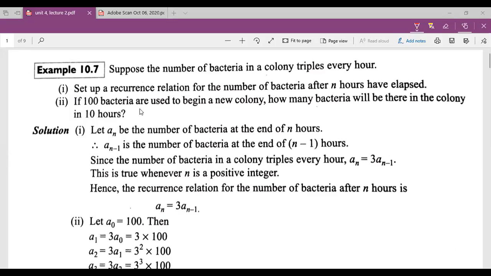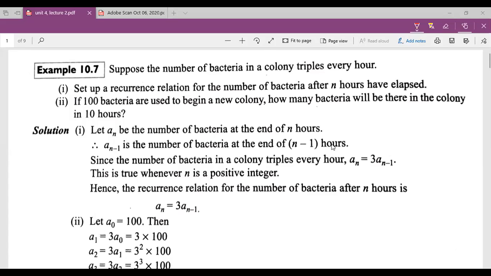So, the number of bacteria in a colony triples every hour. We have to consider the number of bacteria in the colony. Let a_n be the number of bacteria at the end of n hours. Then a_{n-1} is the number of bacteria at the end of n-1 hours.